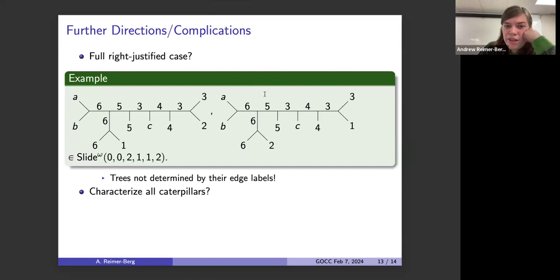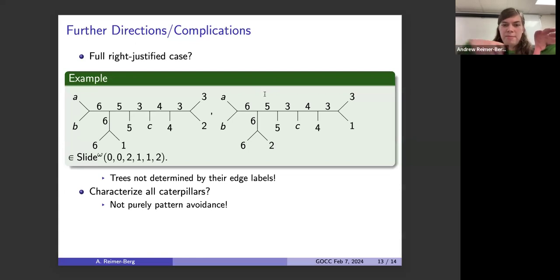The other direction one could go is to characterize all the caterpillars when K isn't necessarily right justified. There, again, it gets more complicated because it no longer becomes just pattern avoidance, right? If I had had time, I would have drawn up an example here where you have 2 different trees where the edge labels have the same relative orders, so it has all the same patterns, but one is a valid slide tree and the other isn't.